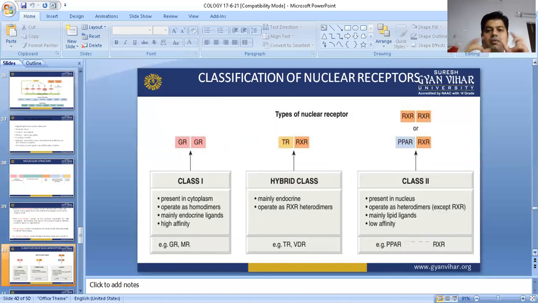In exocrine, the secretions come with the help of tubes, and in the endocrine, the glands release the secretion into the blood and it reaches the target tissue. So they operate as RXR heterodimers, and the last one, class 2, is present in the nucleus, operates as heterodimers, with many lipid ligands and low affinity.